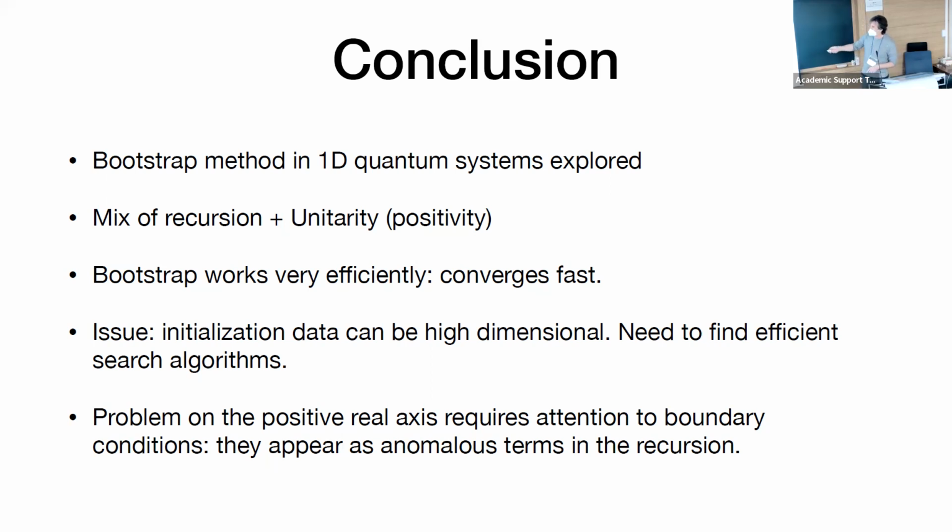There are some issues where you have a recursion with too many unknown terms. The initialization data can be high dimensional, and there's no efficient search algorithm that I know of that can deal with that yet. And then when we did the problem on the positive real axis, we found a way to impose the standard canonical boundary conditions for hermiticity of p-squared. So they appear as anomalous terms in the recursion. That's it.